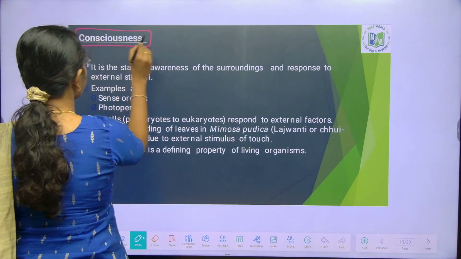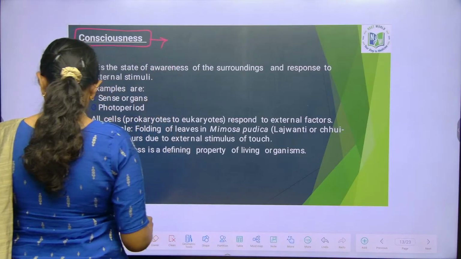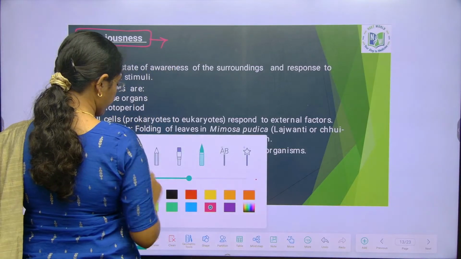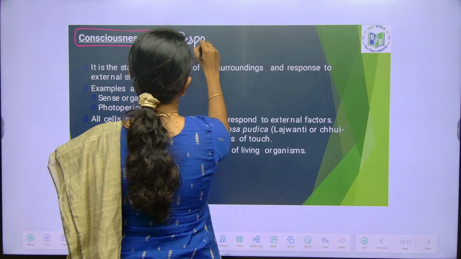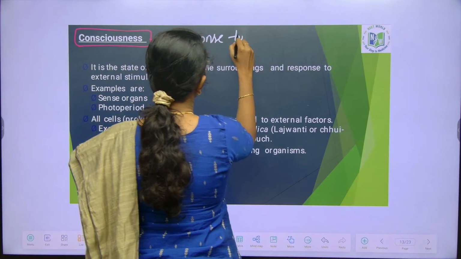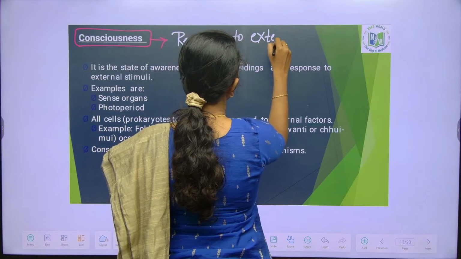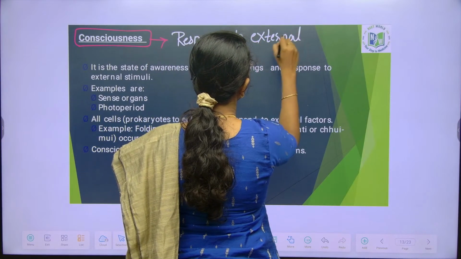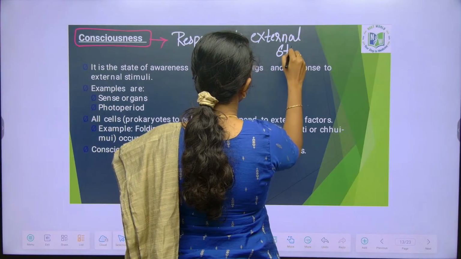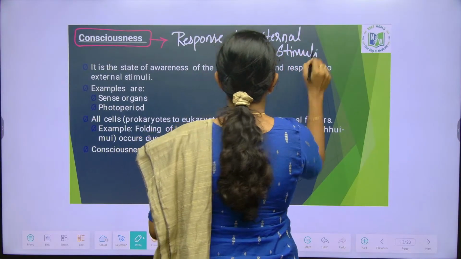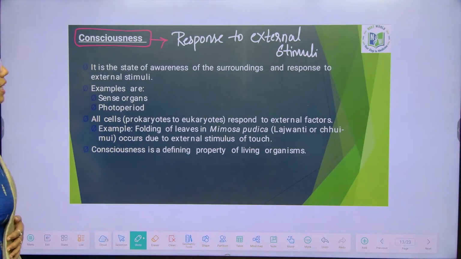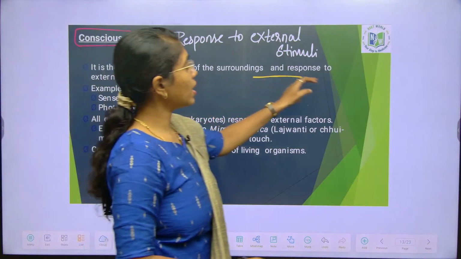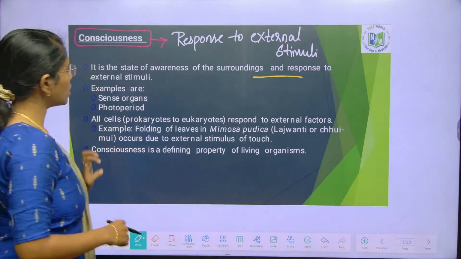Consciousness is response to external stimuli. It is the state of awareness of surroundings and response to external stimuli.